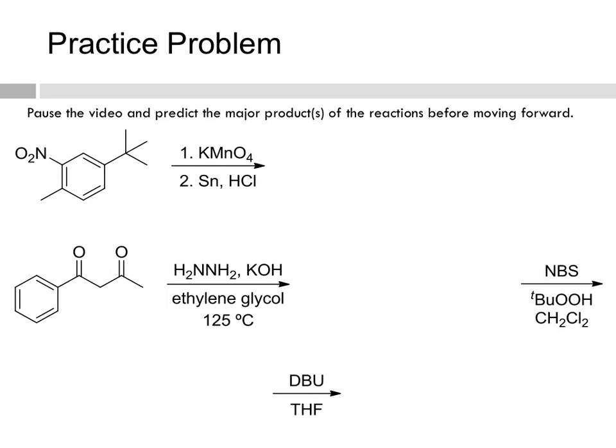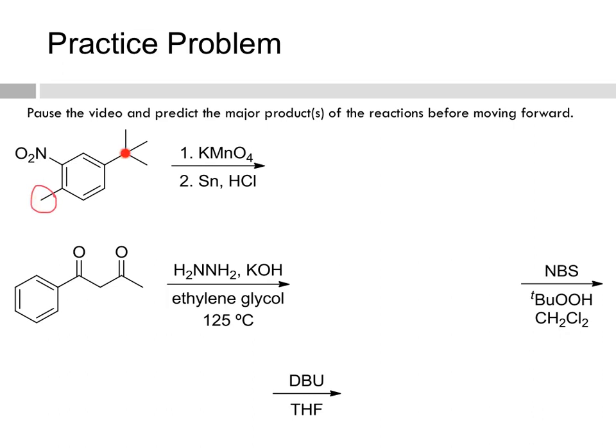In the first example, we've got an aromatic ring with a tert-butyl group, a methyl group, and a nitro group. The first step involves treating it with potassium permanganate. We know that potassium permanganate can take any benzylic CH bonds and convert it to a benzoic acid. So that means we're going to convert this into a benzoic acid because we've got benzylic CH bonds here.